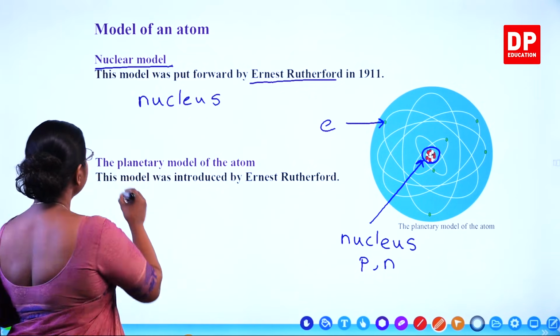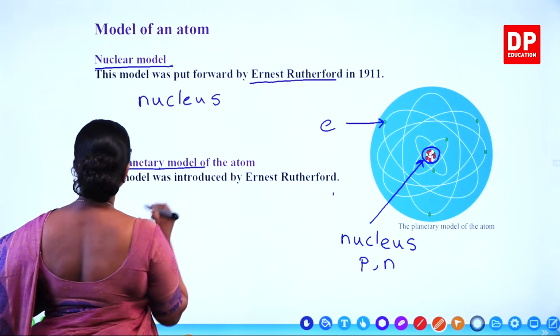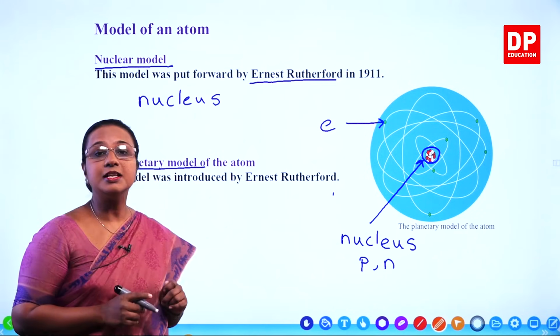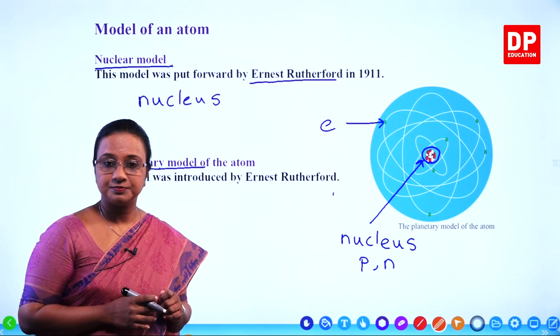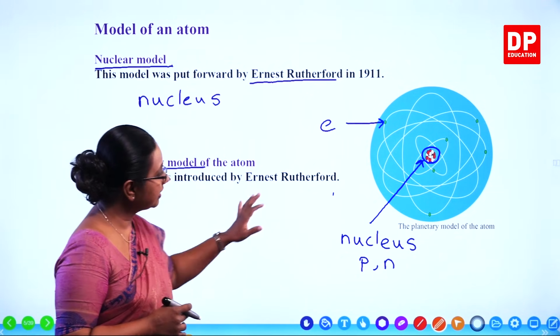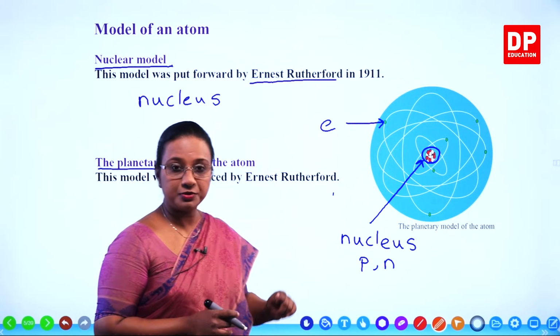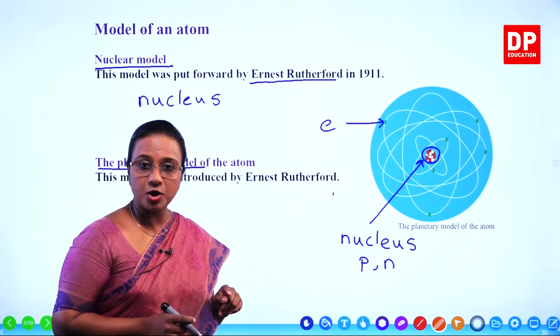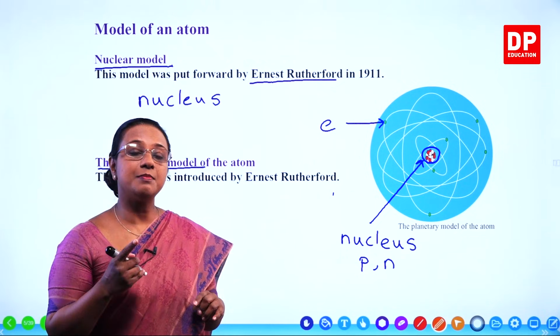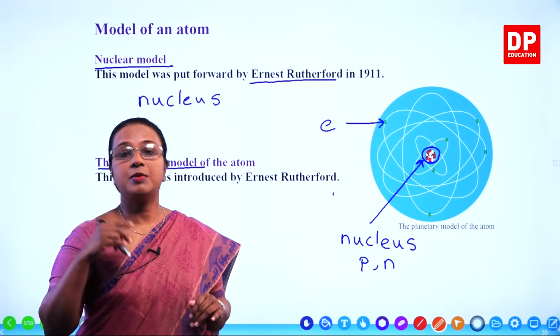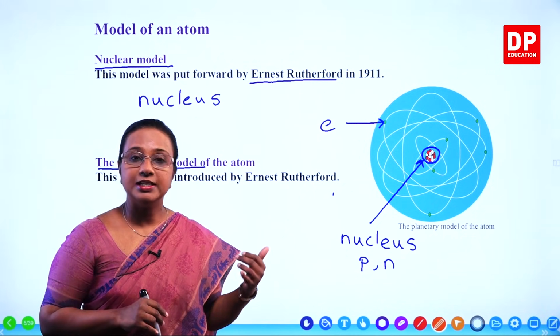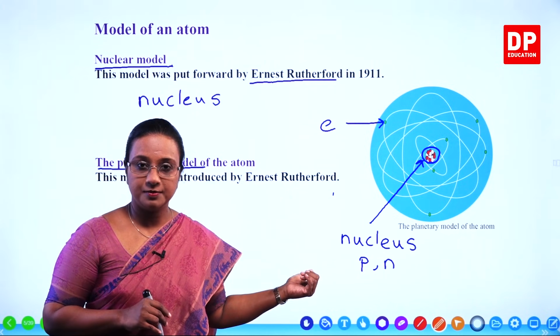Therefore, the same model was given the name the planetary model of atoms. So it's basically the same model. Because of the introduction of the nucleus, we call it the nuclear model, and because it resembles the solar system or the planets, we call it the planetary model.